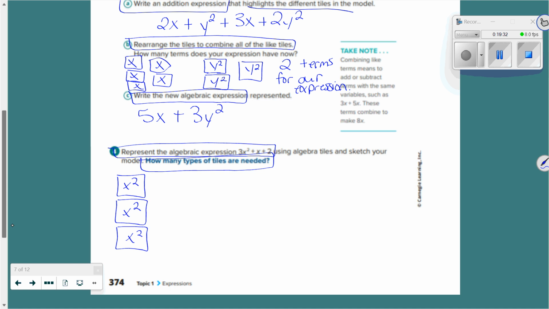How many? x. And then my last term. 1 and 1. So it says how many different types of tiles are needed? 3. We need 3 different types of tiles.